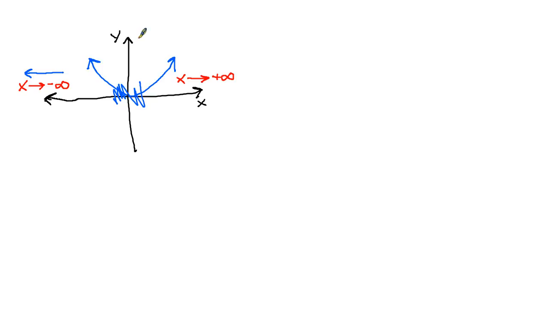So if we're talking about going upward, what we say is that f of x is going to positive infinity. In other words, these y values are positive as we go up. And as we go down, we say that f of x is going to negative infinity.